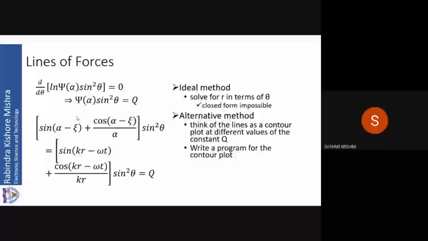We treated the lines as a contour plot at different values of the constant q. Then we wrote a program for the contour of q and saw how we can plot the contours. I gave an outline of the pseudo program, and I expected that you will write the program yourself and see, or enjoy for yourself, how lines of force are formed.